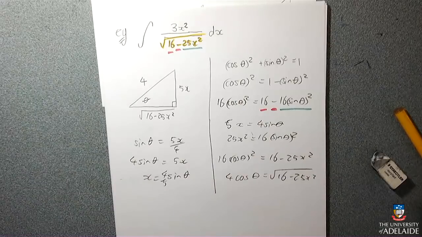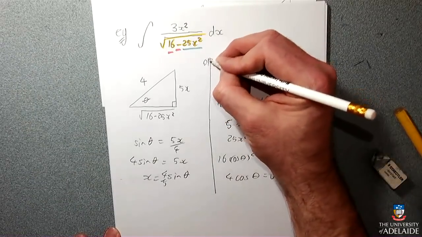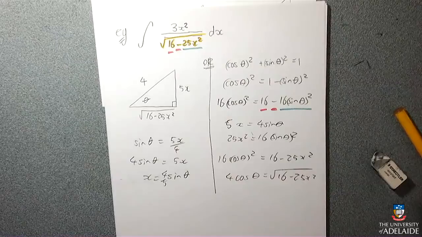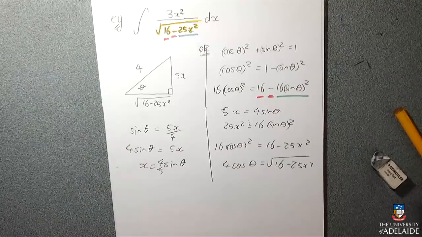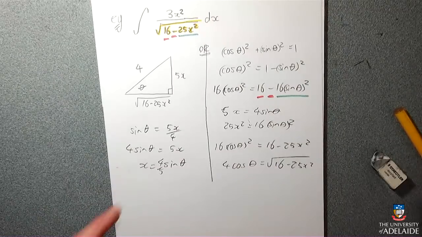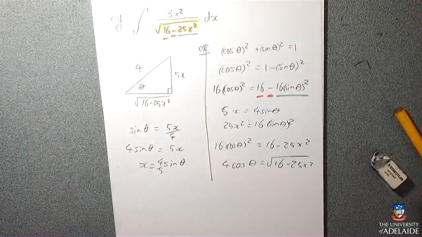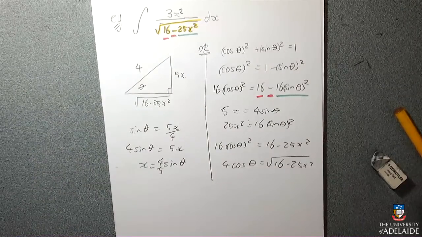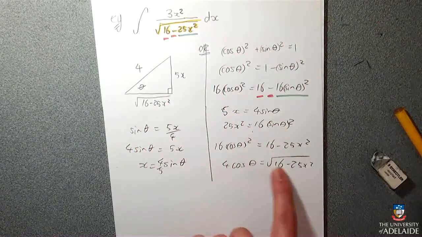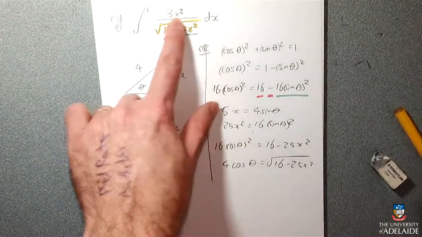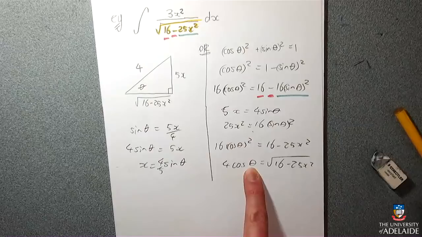Okay, so you can choose which of these you prefer. It doesn't really matter which one. You may want to do both, just to be sure. But the whole point of this is to get to the point where this bit with the horrible square root goes away. So on this side, I deliberately tried to match up to this square root and I got to here. So now that means that this entire thing with the square root can be replaced with 4 cos theta.